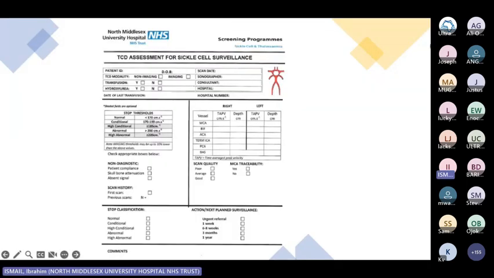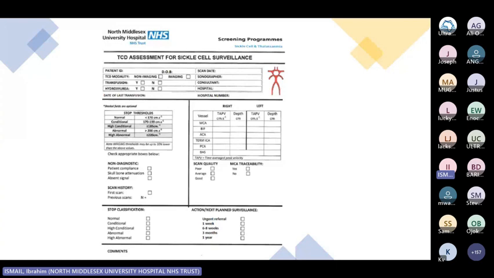This is a pro forma that I use with some of my patients. You take down the time average mean velocities for the MCA, ACA, terminal ICA, and PCA. I always put more emphasis on the MCA and ACA here, because they are the main parameters that were used in the STOP trial.